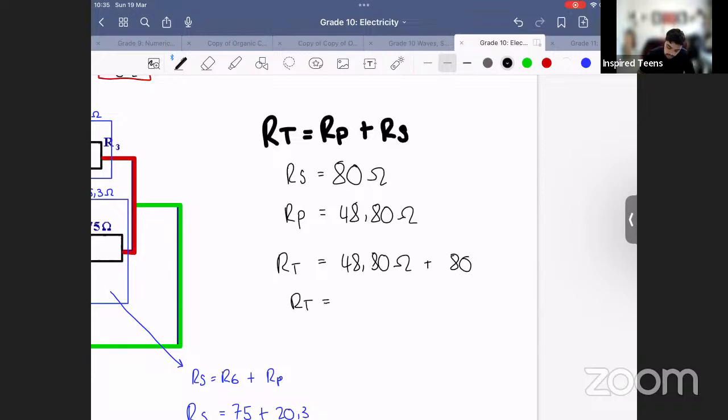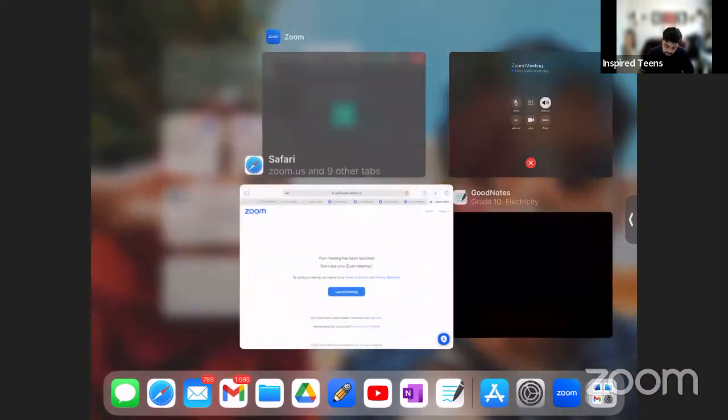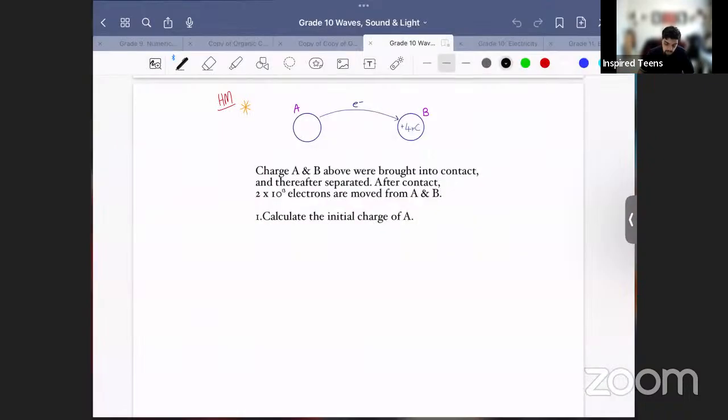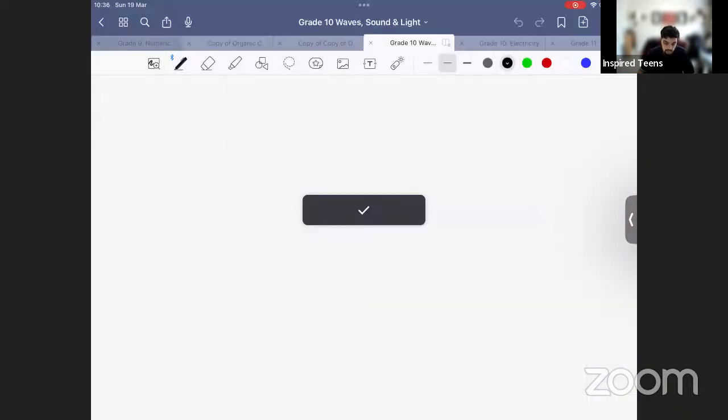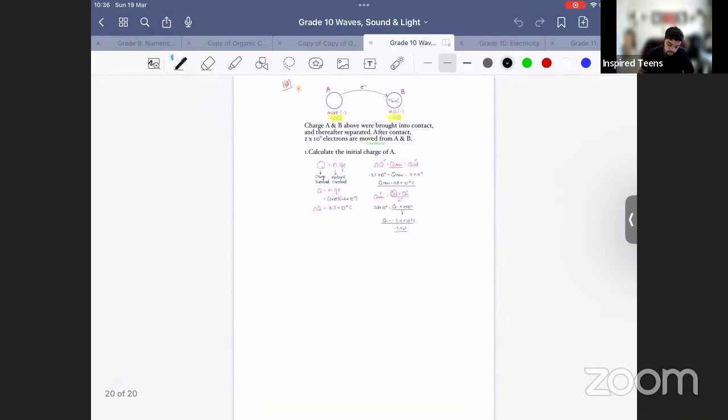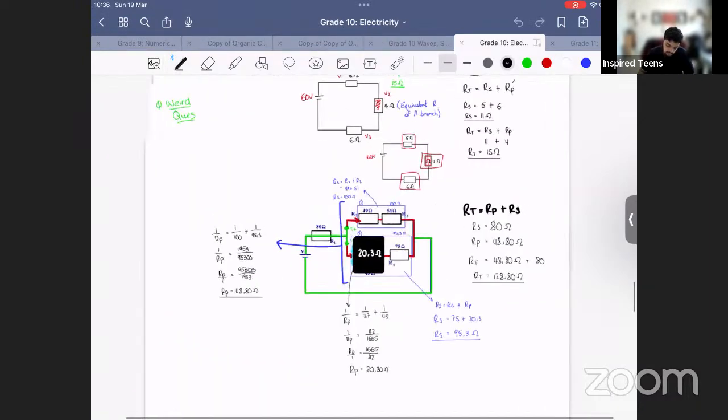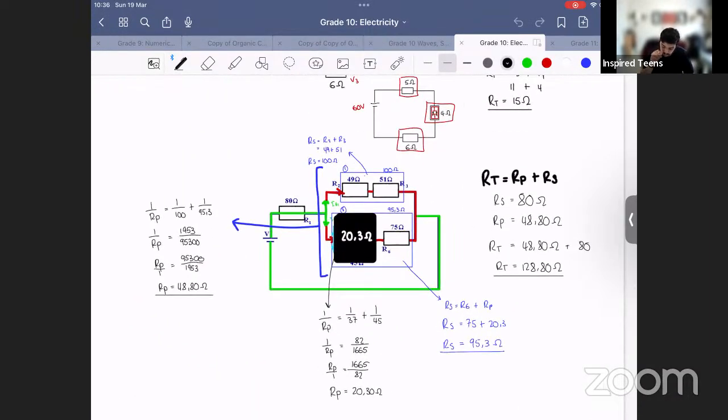Our total is 128.80 ohms. Okay, I hope that makes sense.